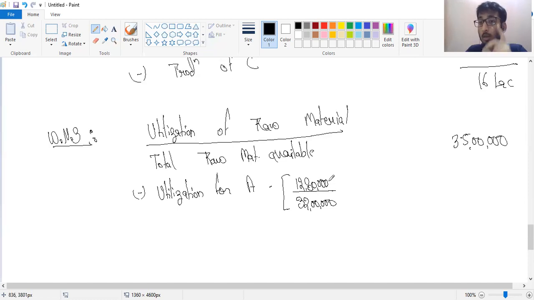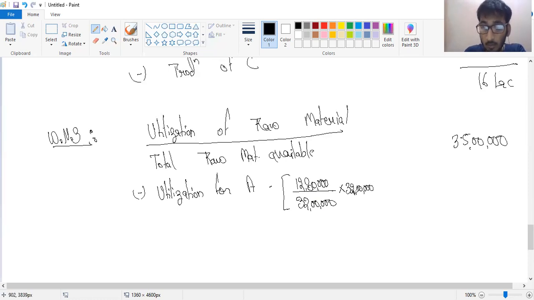We are doing here in terms of rupees because we are not given any unit. So for making 32 lakh rupee sale, we are doing 12 lakh 80,000 rupees utilization of raw material. Okay. Now in this year, how many sales are we doing? We are again doing that same 32 lakh sale.